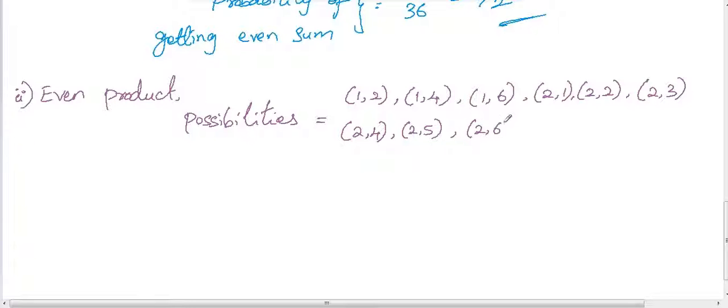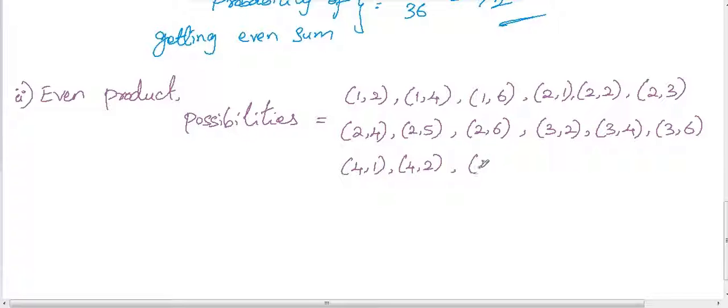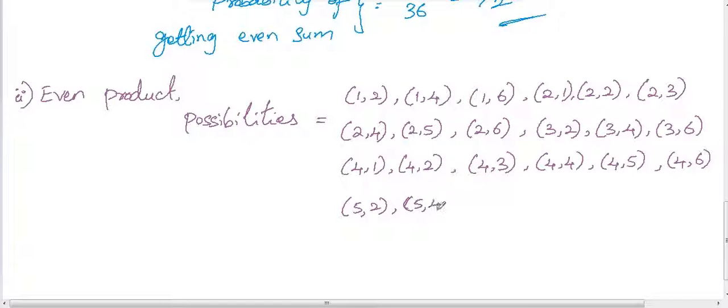And then 3,2; 3,4; and 3,6. In the 4 series we'll get all 6 values, because it's like the 4 table, we'll get all the values: 4,1; 4,3; 4,4; 4,5; as well as 4,6. And in 5 we'll get only even values, 5,2; 5,4; and 5,6.